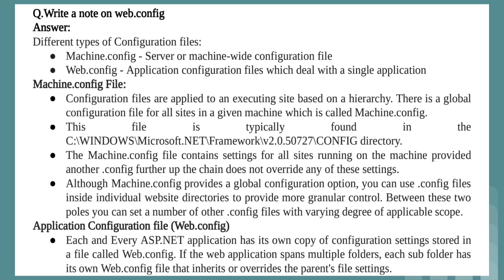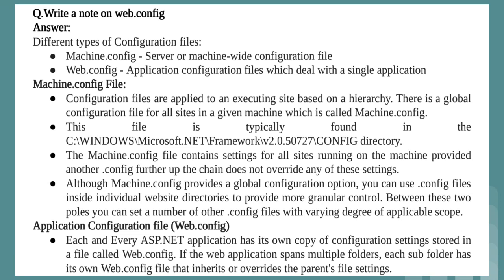The next type is the application configuration file, that is web.config, which is specific to each website. For each website we have only one config file. This is an important sentence: each and every ASP.NET application has its own copy of configuration settings stored in a file called web.config.